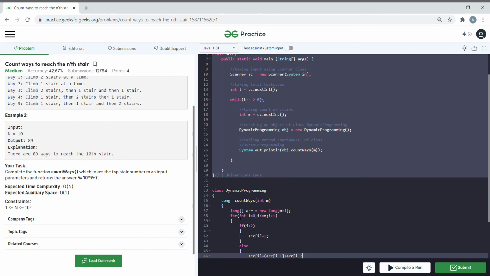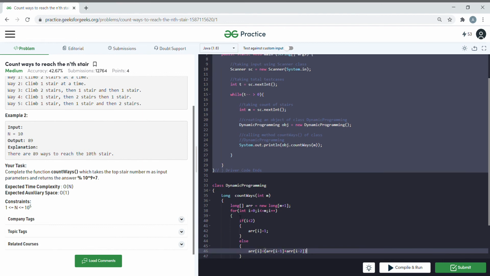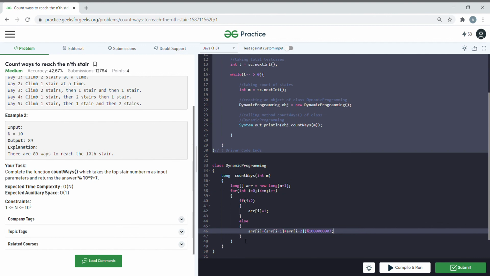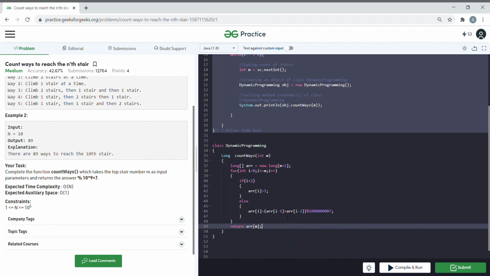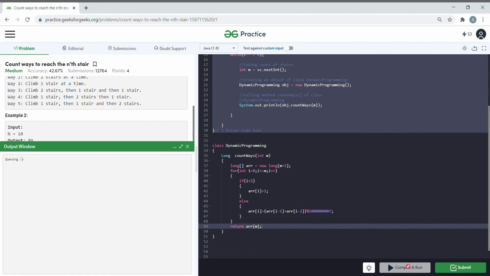We haven't taken note of the modulo yet. Since the number is huge, we'll have to take the modulo by 10 to the power 9 plus 7, that is 1000000007. And finally we'll return arr of m. Let's check if it runs.